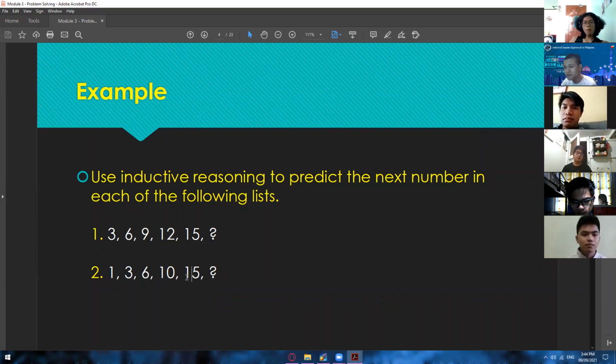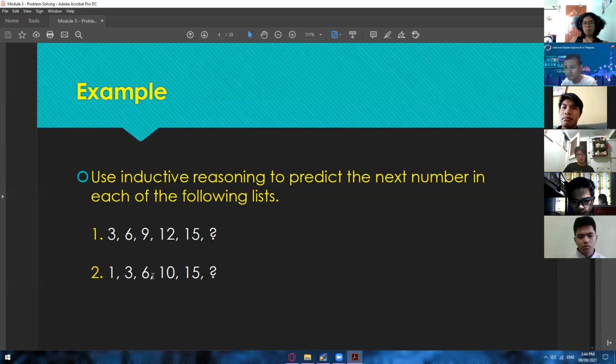Again, how did we get that 21? Because we based it on these past examples. We cannot get that if we only have two preceding examples. So we need as many as we can, and the pattern must not be broken, but must hold all throughout from the start up to the end.